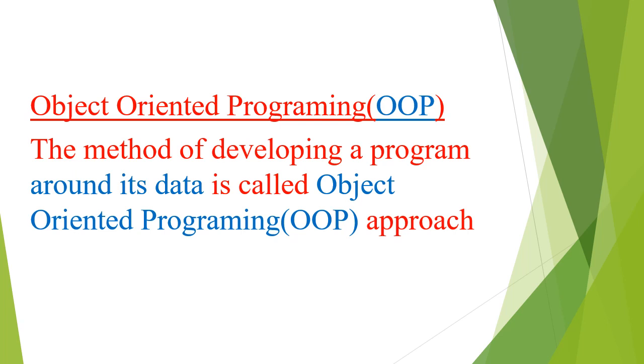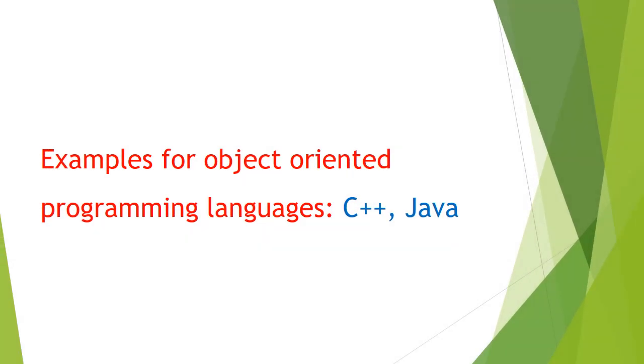The method of developing a program around its data or object is called the object-oriented programming approach. Examples of object-oriented programming languages are C++ and Java.